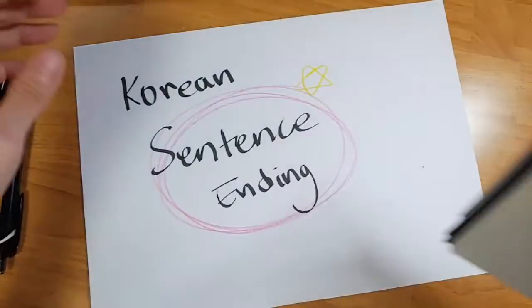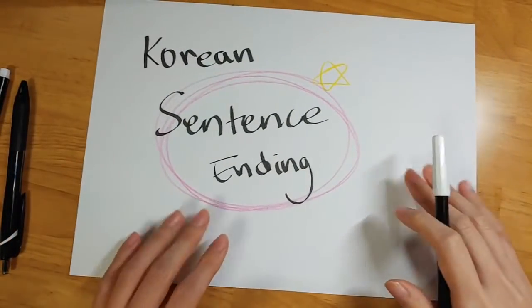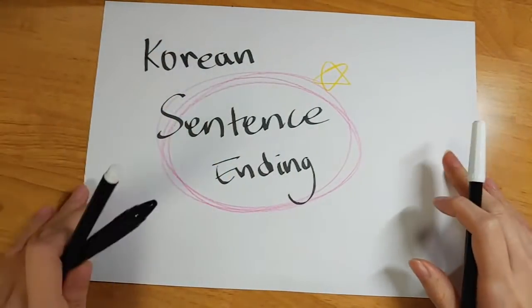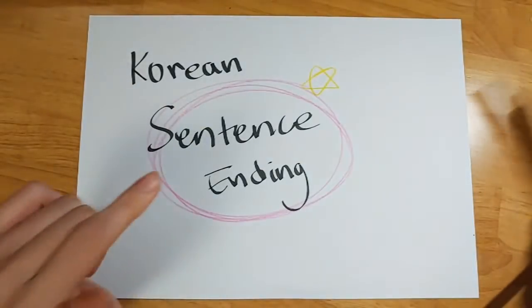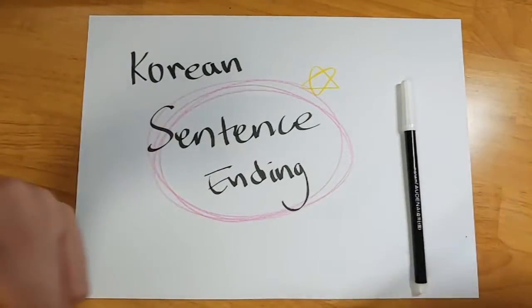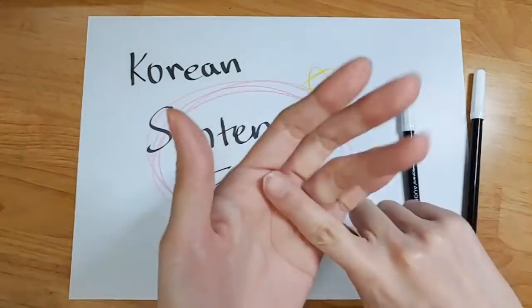So, today we are going to learn Korean sentence endings, and this is the very first Korean sentence ending lesson on my channel. If you're not familiar with what a sentence ending is in Korean, you can check out the video that I linked in the description box. It starts from around 7 minutes into the video.